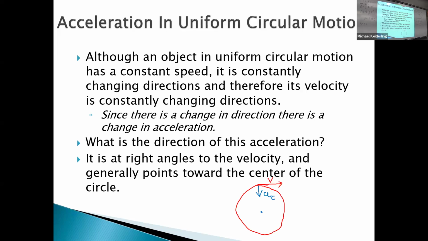So here, if you're going around in a circle, your velocity is this way, your acceleration is towards the center. Because this acceleration is towards the center, or center seeking, it is called centripetal acceleration.